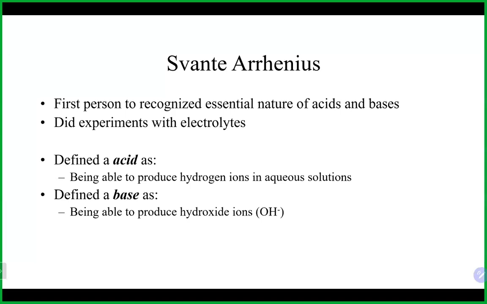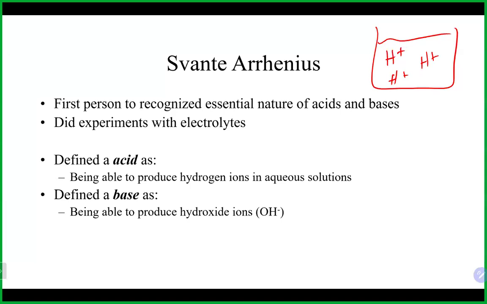When we talk about an acid, we're talking about the ability of something to produce free floating H plus ions in solution, not attached to anything, just freely floating around. If something has the ability to do that, it is considered an acid.